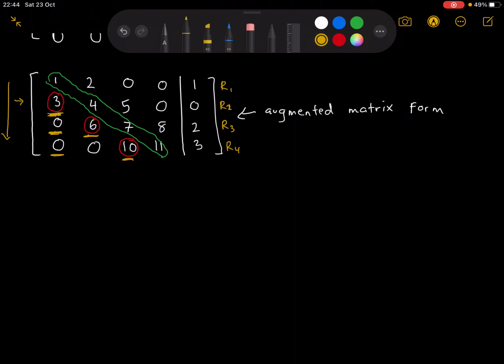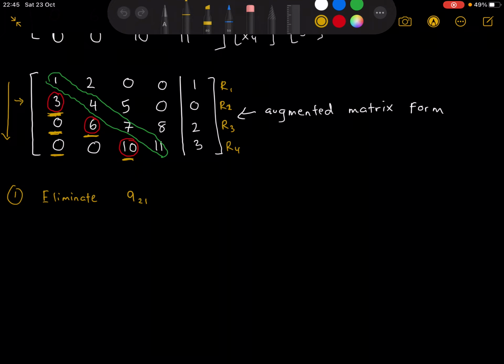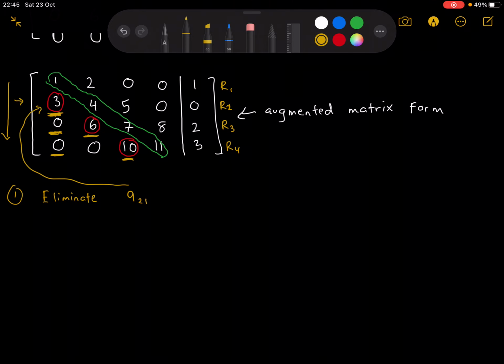Okay, so the first step is we're going to eliminate A21, which is referring to this one here, from R2. In this case the value is 3, so we need to find the multiplication factor.